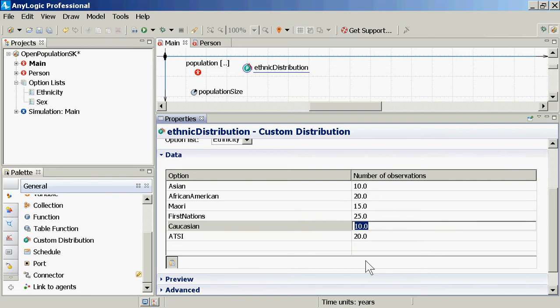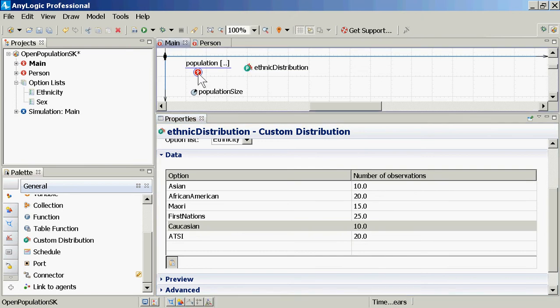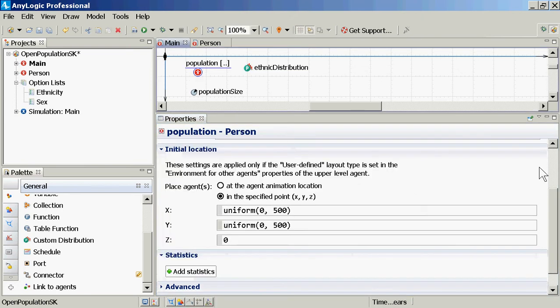Okay? So here we have an empirical distribution. Well, this is pseudo-empirical, associated with these diverse ethnicities that might be represented in our population. So having defined that custom distribution, how could we use it, ladies and gentlemen? How could we use that custom distribution to good effect?